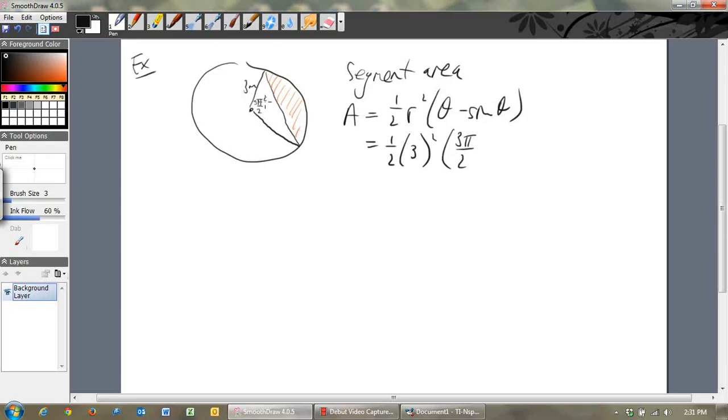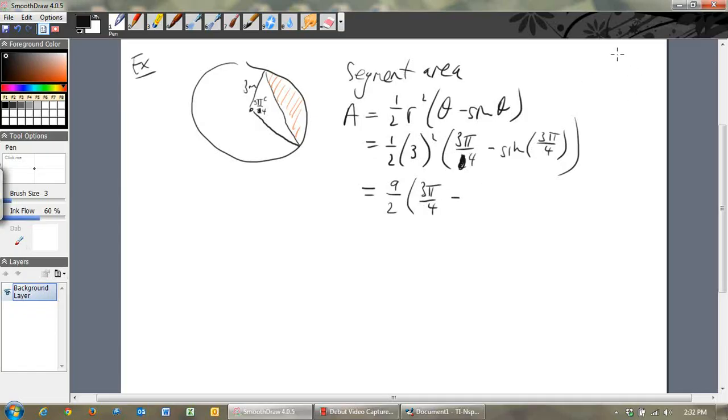I'm a bit of an idiot. Excuse me while I change that to a 4. Okay, 3 pi on 4 radians. If I knew how to use my eraser tool, I would do that. So 3 pi on 4 minus sine 3 pi on 4 equals half times 9, so that's 9 over 2, and we've got 3 pi on 4 minus.